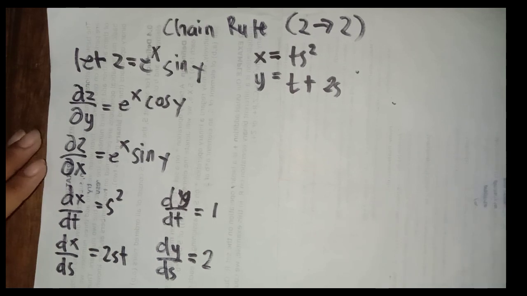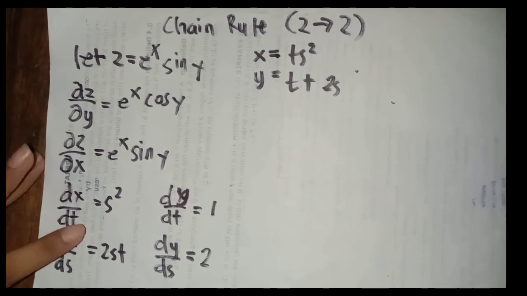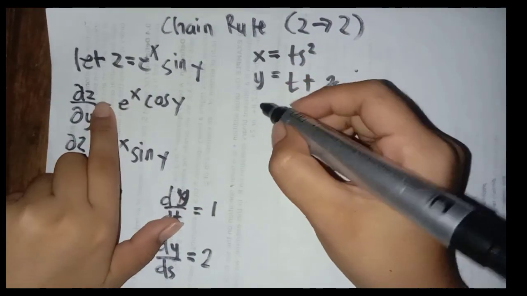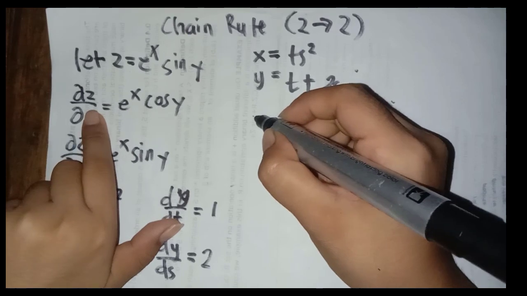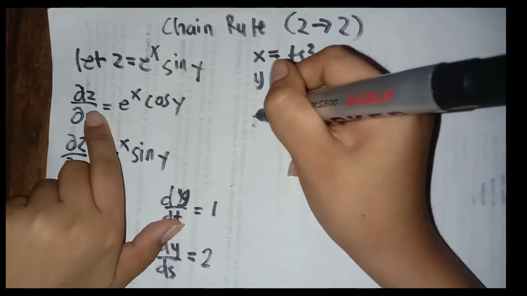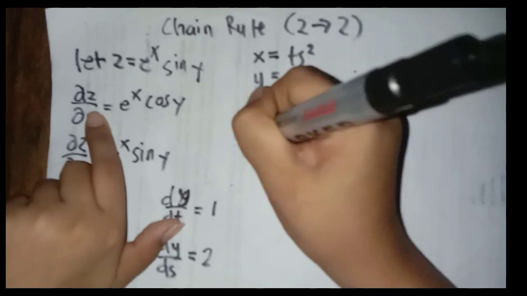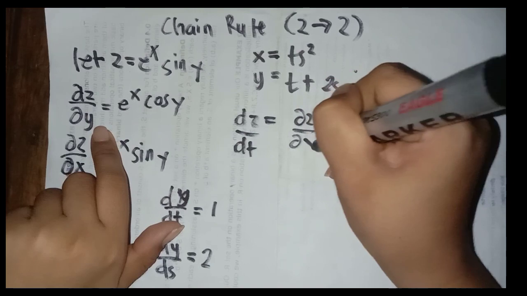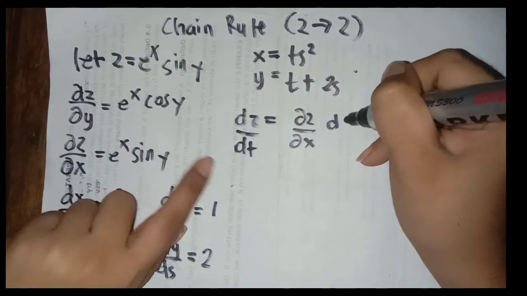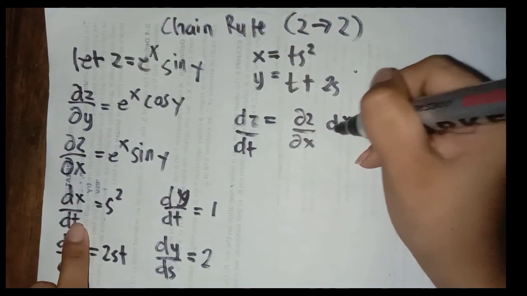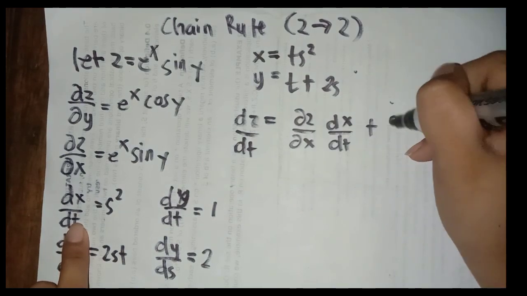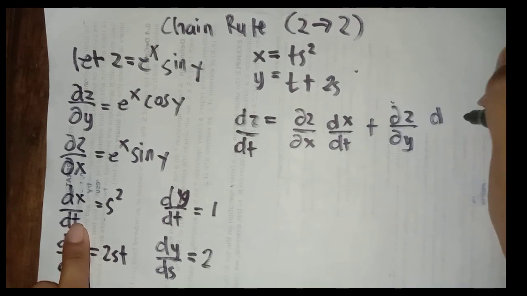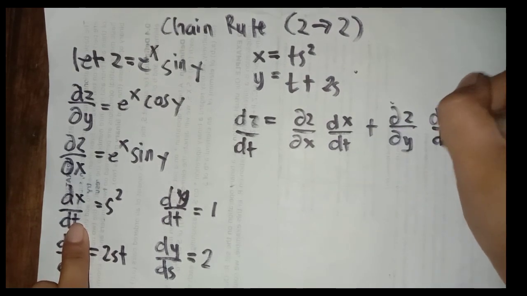So we will substitute the parts. So dz with respect to t: delta z with respect to x, dx over dt, plus delta z with respect to y, dy over dt.